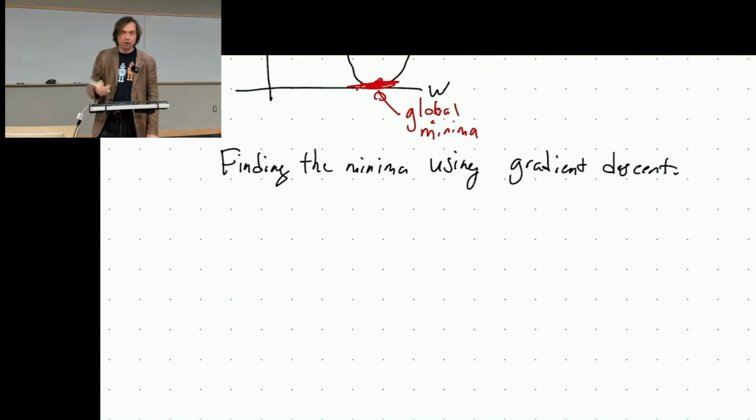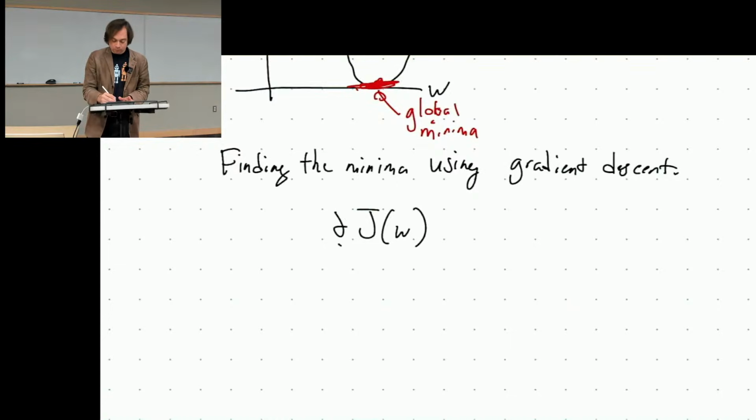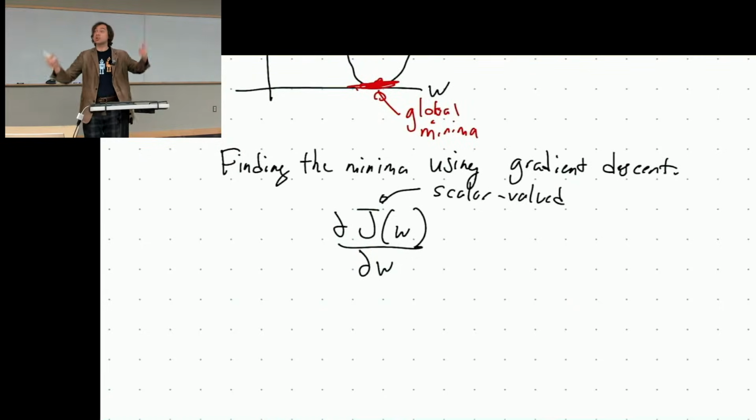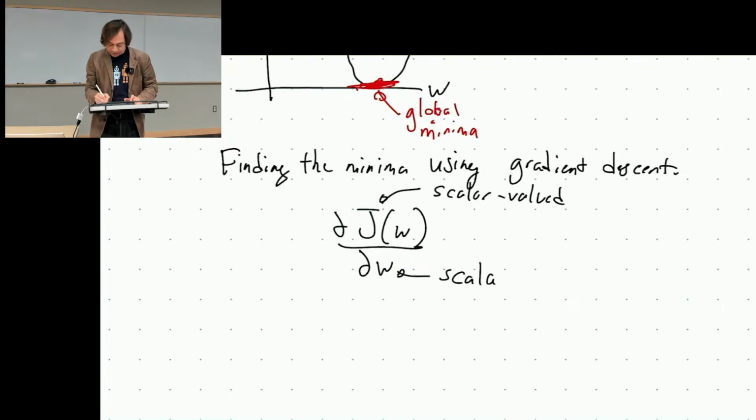So we all know that if you have some function, we'll call it J of w, and we take the derivative of J with respect to w, and J is scalar valued, which we've said our cost function is. It returns a single number, a scalar. And w, let's just say in this case, is a scalar and not yet a vector. The result of that is a scalar.